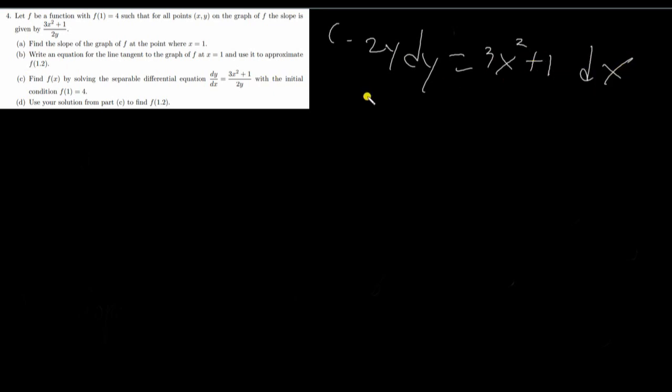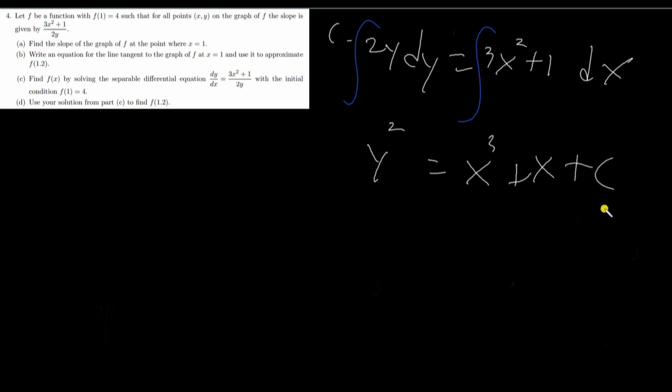Once we separate it like this, we need to integrate both sides. The integral of 2y is y squared. The integral of 3x squared is x cubed. The integral of 1 is x. And then don't forget the plus c, since this is an indefinite integral. And how do we find the value of c?